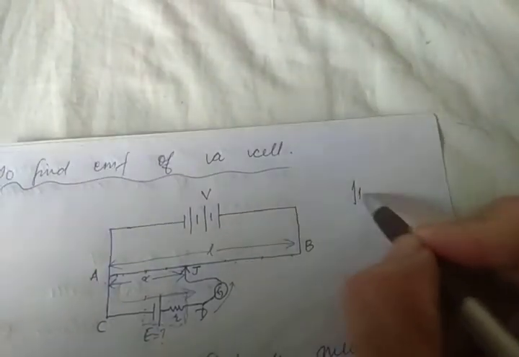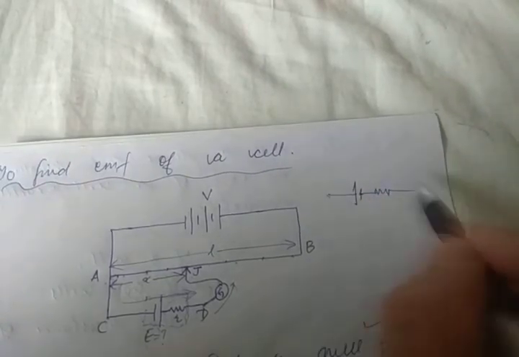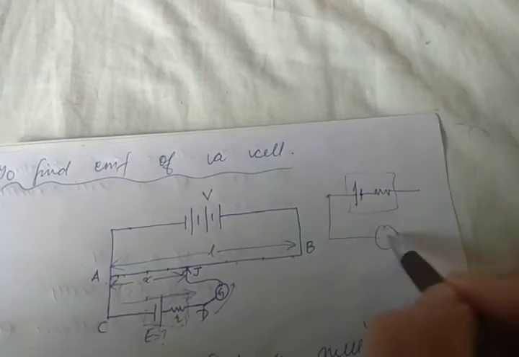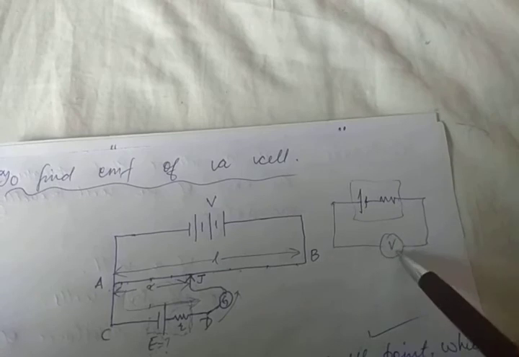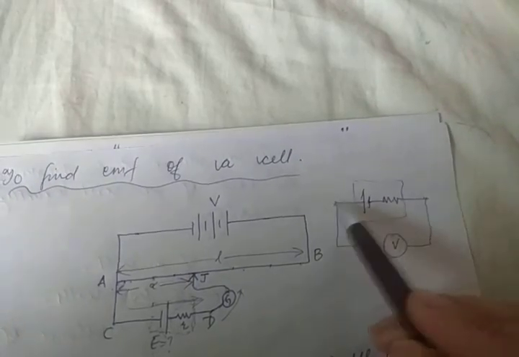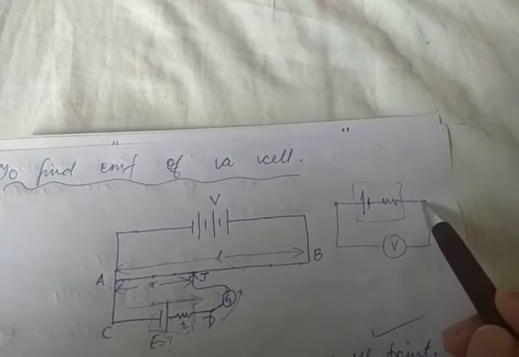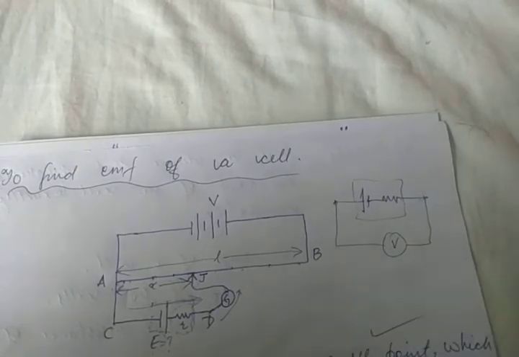Yesterday we've seen that we have a cell and we have a resistor, the internal resistance of course. If I use a voltmeter to measure this, the voltmeter is going to show me the terminal potential across the ends of the battery or the cell.